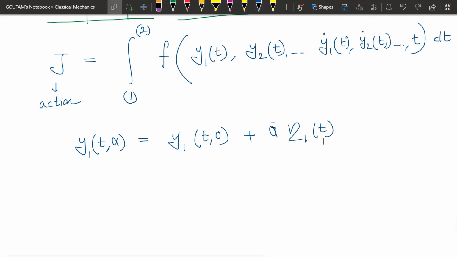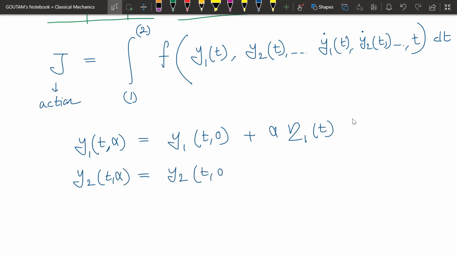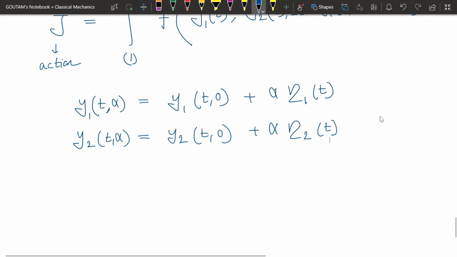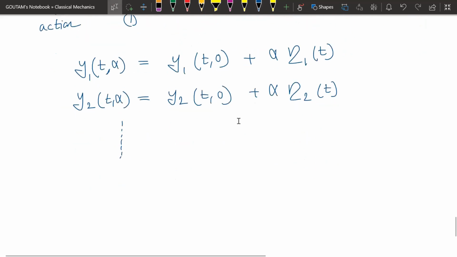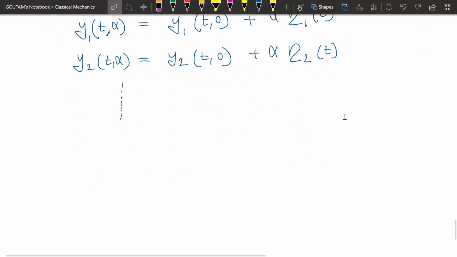Alpha is a very small deviation from the actual path. Similarly, for y2(t, alpha), we get y2(t, 0) plus alpha eta 2(t). If we have n such coordinates, there will be that many equations.